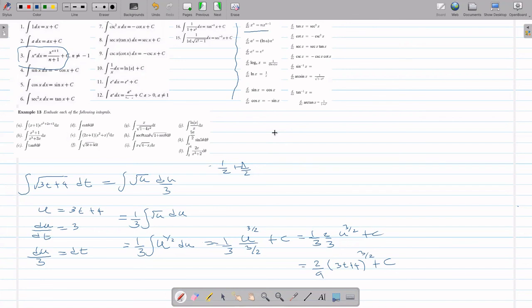Okay. So you can try these two problems.